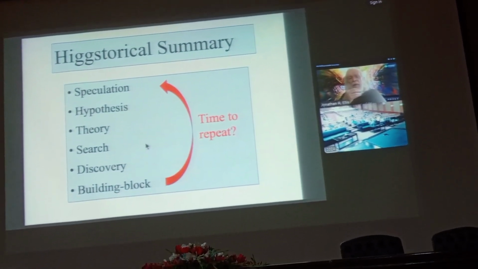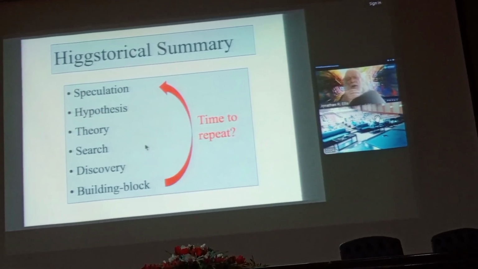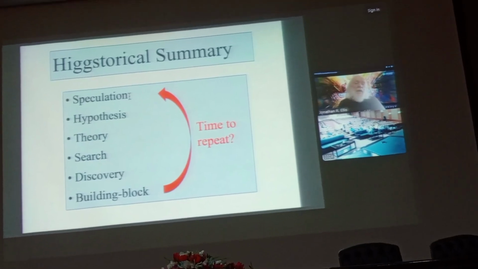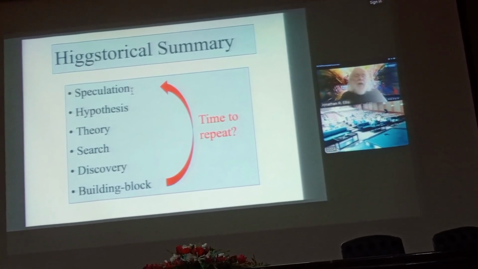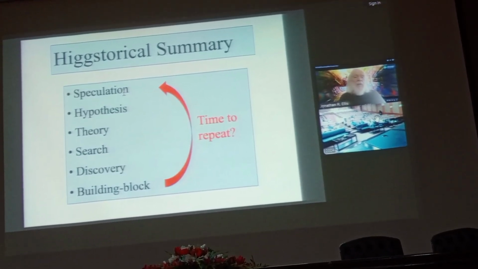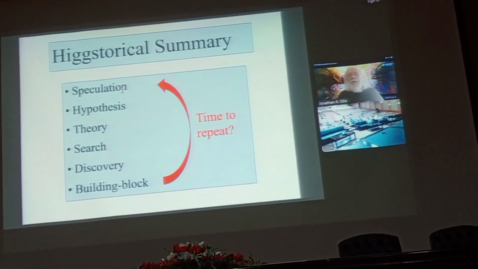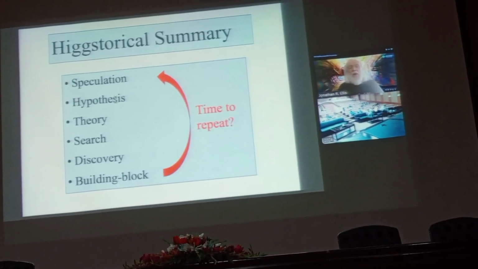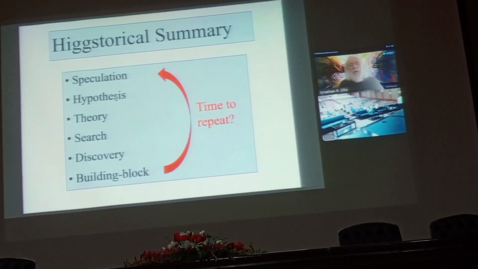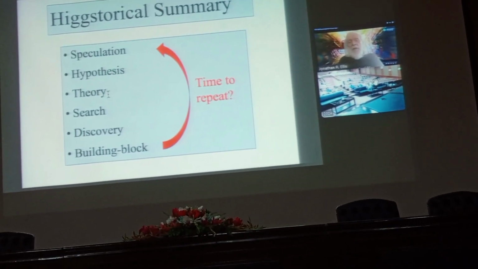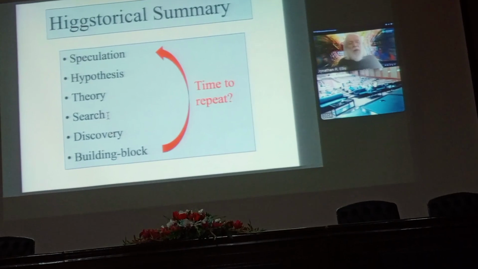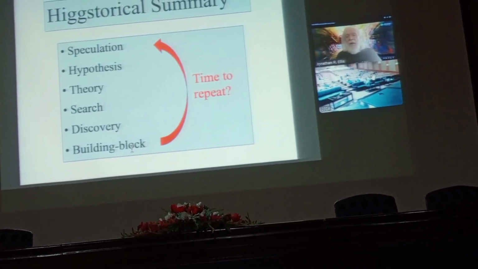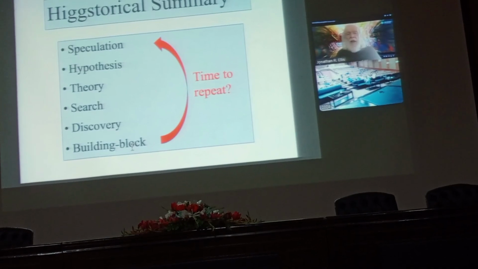This is sort of my summary of where I think we are. So, in the first lecture I discussed how we progressed from speculation about spontaneous symmetry breaking to a hypothesis as to how this could happen, a theory, a standard model, a search for the Higgs boson, we discovered it, and now it's a building block of our understanding of nature.